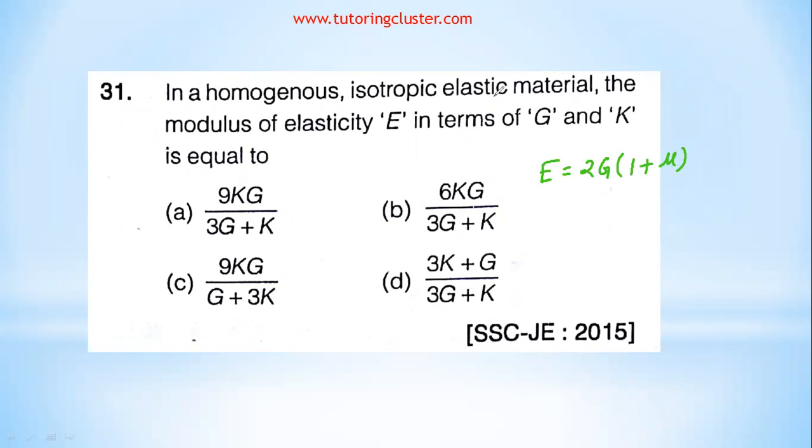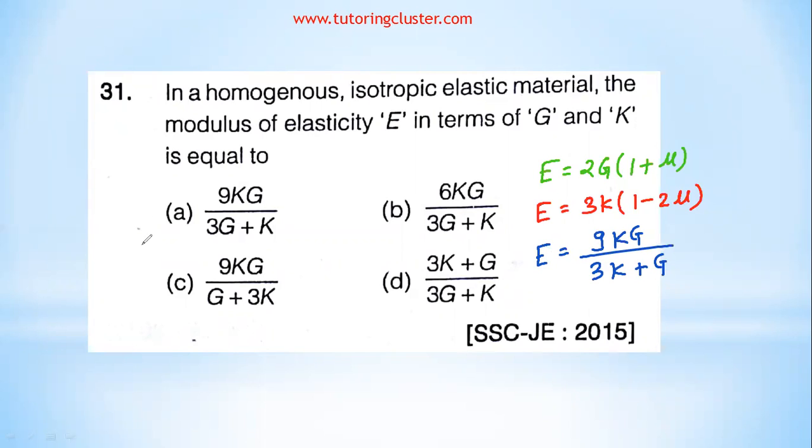Next, E is equal to 3K in bracket 1 minus 2 mu. Next relation, E is equal to 9KG upon 3K plus G. So check which is the correct option.